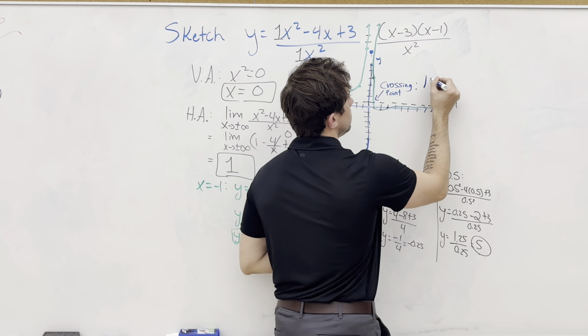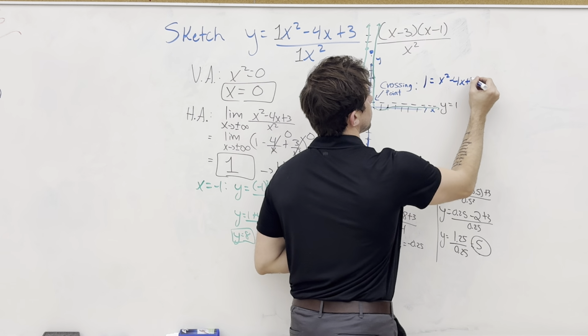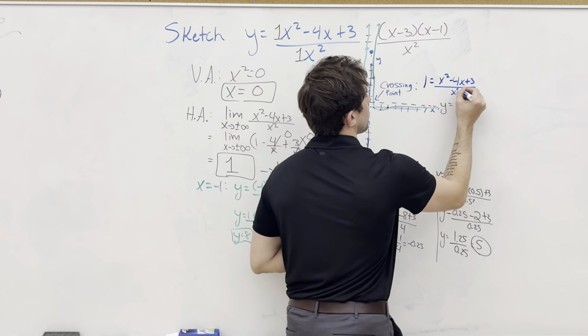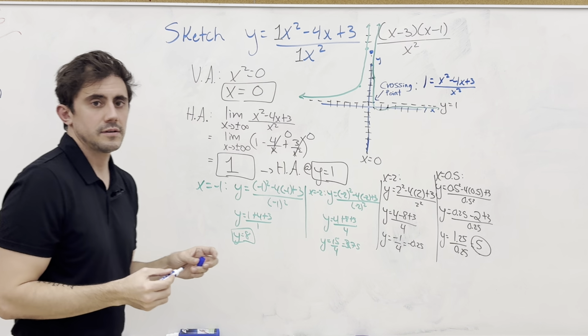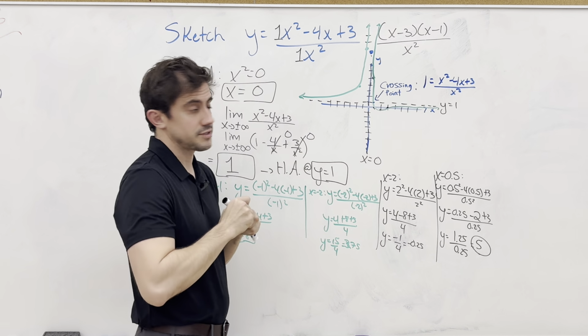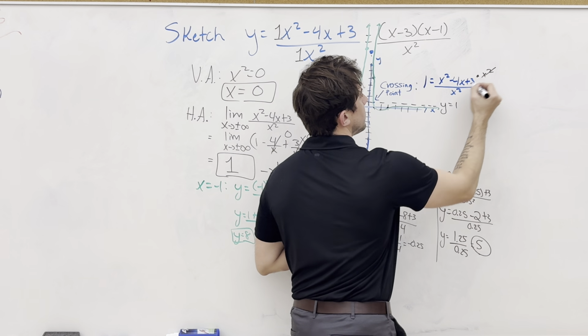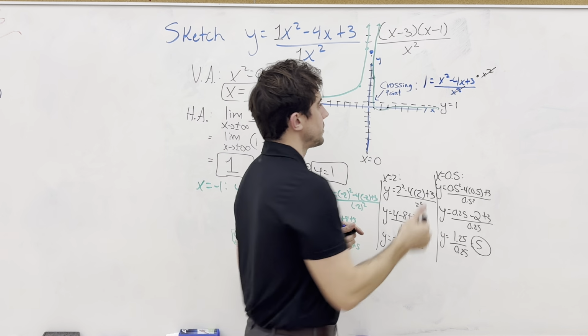Let's set 1 equals x squared minus 4x plus 3 all over x squared, right? And it turns out this is not going to be super difficult to solve, right? We're going to start by multiplying both sides by x squared to cancel out our denominator.